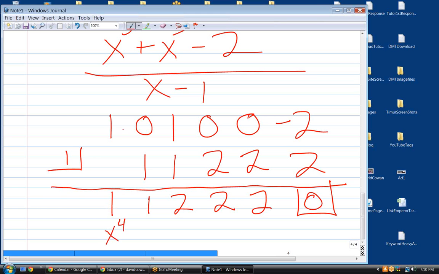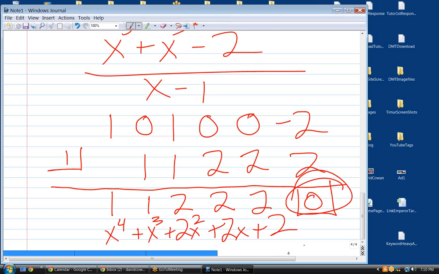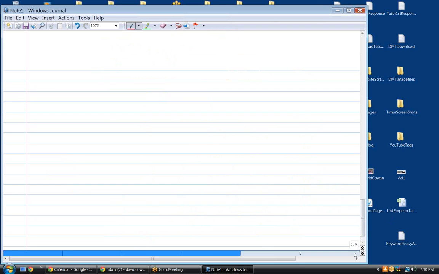Because you're dividing x to the 5th by a linear term, x to the 1, you have to start out with an x to the 4th. And then x cubed, 2x squared, 2x plus 2. And it is a factor, because of that 0.